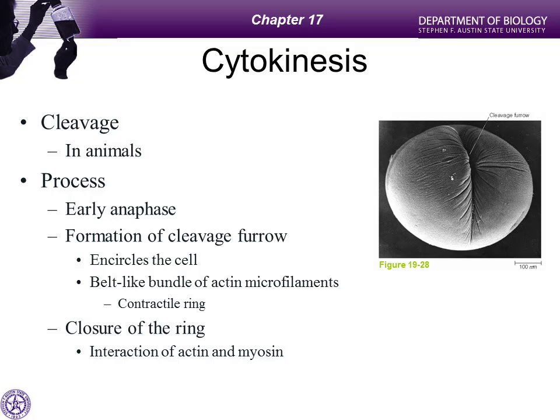The cells are cut or sliced apart. And basically the phospholipid bilayers, they just fuse together, seal the wound, if you will, and you get two cells from the one. And that's the process of cytokinesis.